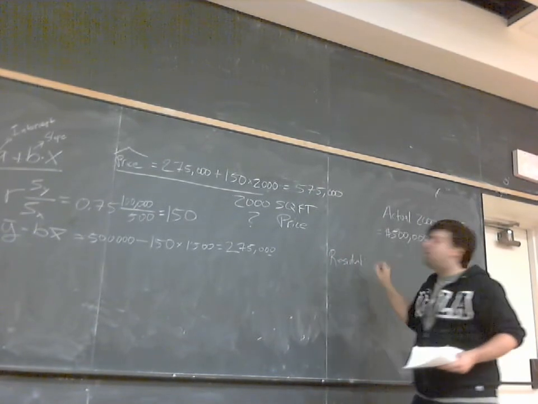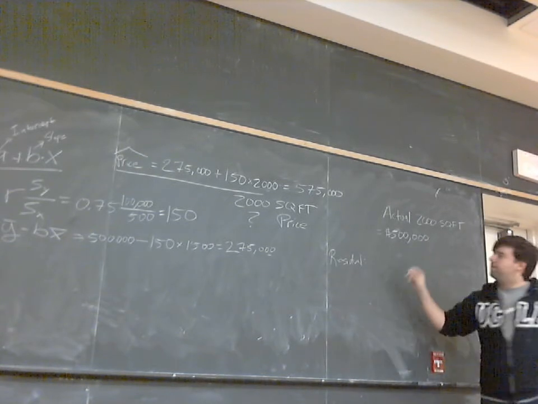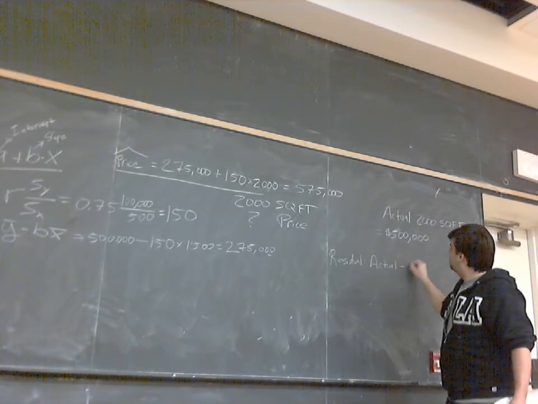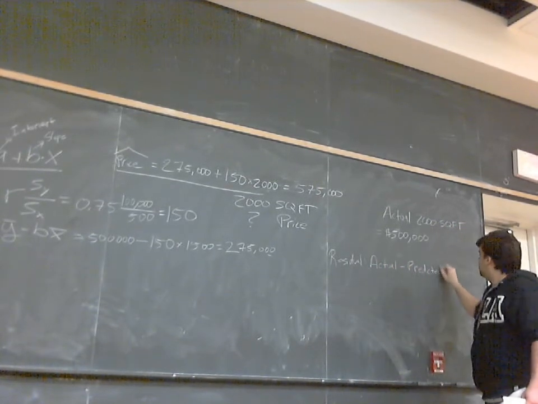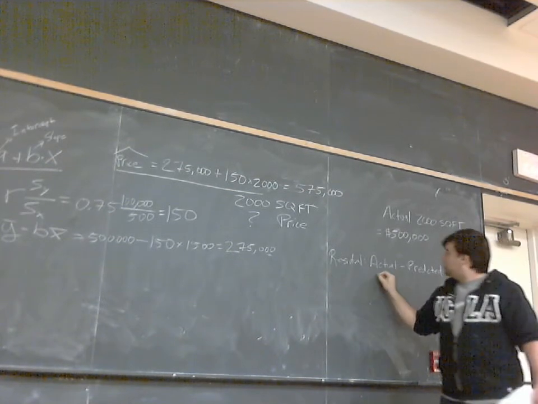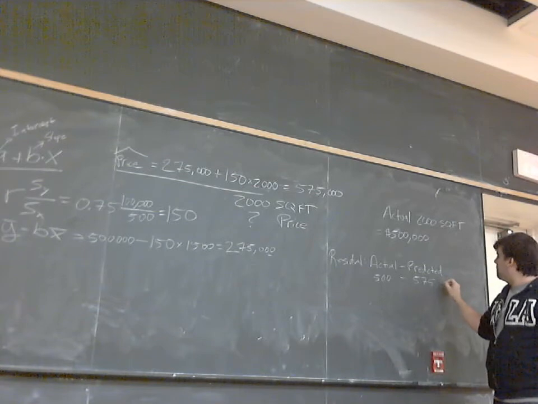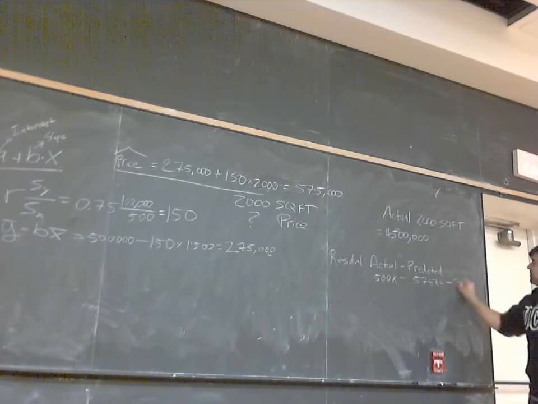So first off, did my model over or underestimate? It overestimated. We define the residual as actual minus predicted. So I'd have 500,000 minus 575,000, or a negative 75,000.